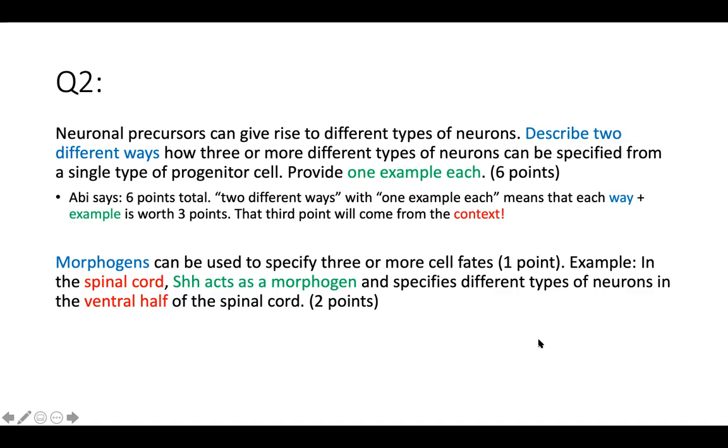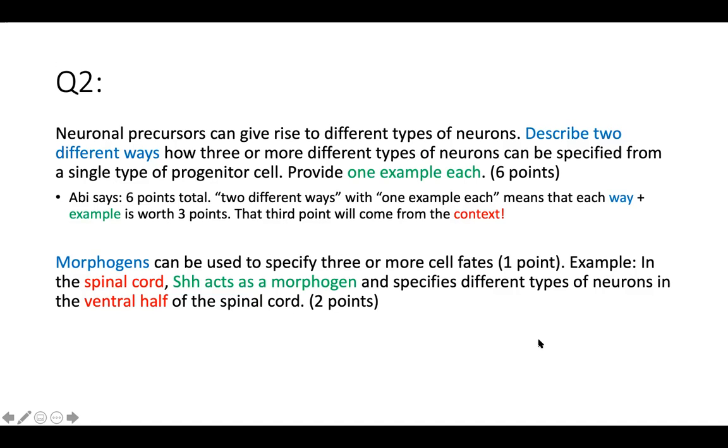We want to know a little bit more about the context of how sonic hedgehog acts as a morphogen to pattern the spinal cord. Where is sonic hedgehog coming from? What type of neurons is it specifying? Does that make sense? So the context is the spinal cord, it's where we are. It's not just sonic hedgehog, for example, is a morphogen.